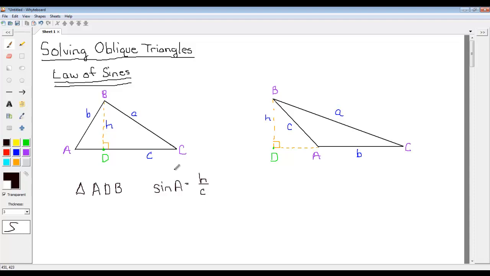Or if you look at triangle BDC, you've got the sine of C equals h over a.